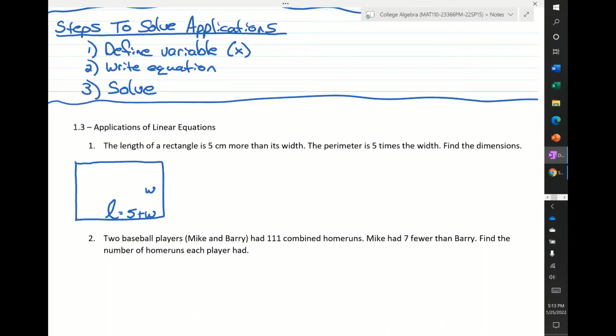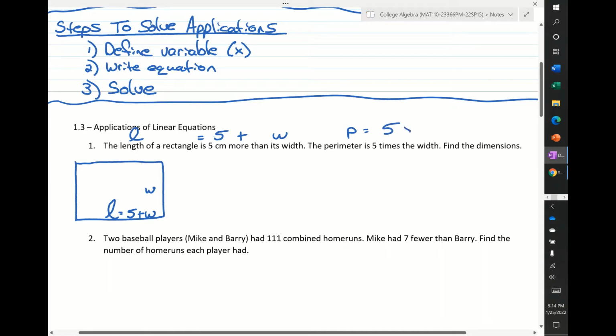The length is 5 more than its width. The perimeter, P, is 5 times the width. Find the dimensions. We defined our variables. We wrote out our equations. Now we just have to go about and solve it.